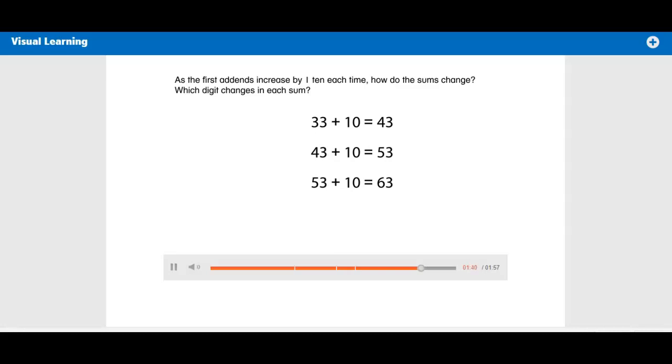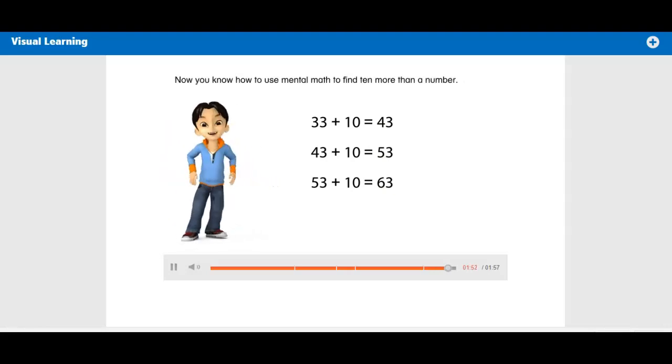Which digit changes in each sum? The sums increase by 10 each time. The tens digit changes in each sum. Now you know how to use mental math to find 10 more than a number.